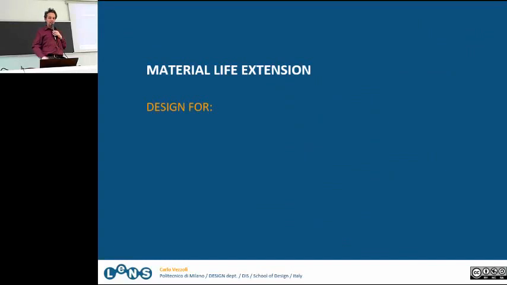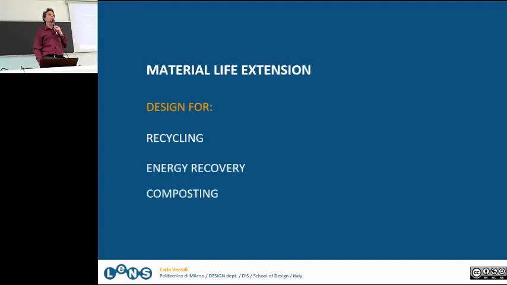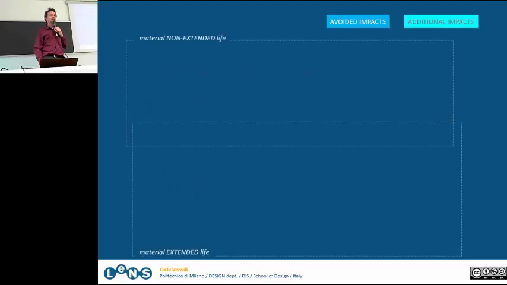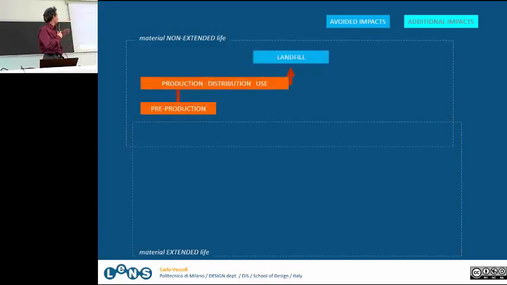When we speak about material life extension, what does it mean? Design for recycling, design for energy recovery, and design for composting. And again, here I want to show you why we have an advantage when we design for recycling. Let's say that this is the upper case, and we show another one here below.